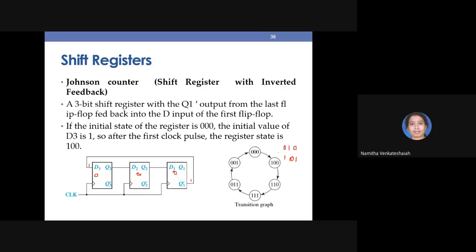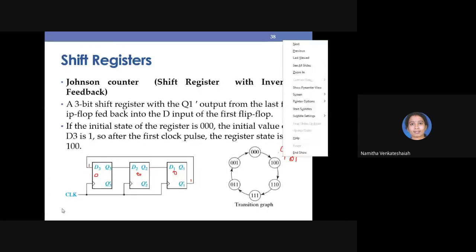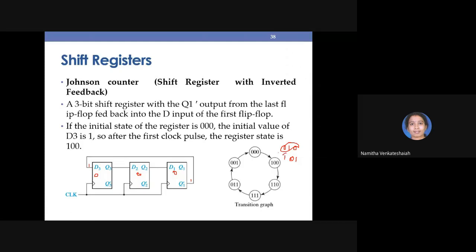So what happens if it is in 000 state? It will act as this counter. And if it is in 010, you observe the 010 and 101 are not there in this particular loop. If by chance it comes to 010, we will have the secondary loop. It will simply shift from this to this.